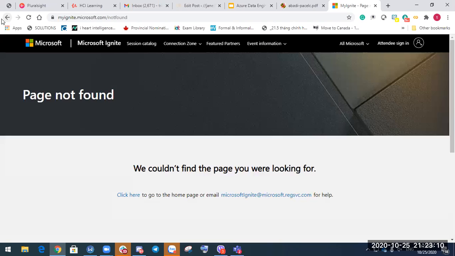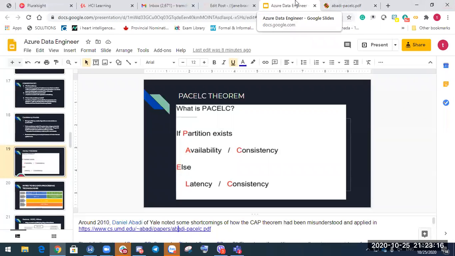So let me try my best to talk about PACELC without this matrix. That's weird, because I was having this. Okay, let me try to explain it without this matrix, and I'll supply you with the matrix later on.